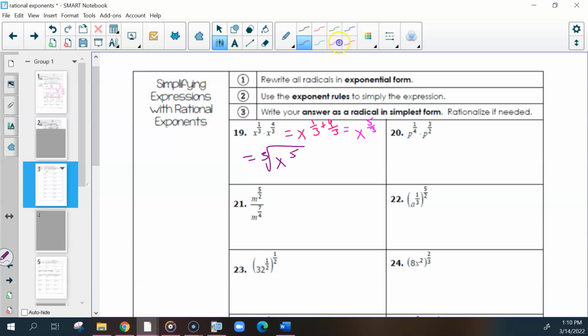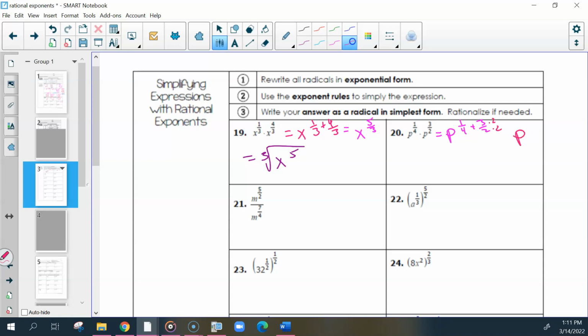Let's do 20. Same thing, we are multiplying like bases, so we are adding the exponents. So we have p to the 1/4 plus 3/2. Now this one is not so nice because we have to change the fractions. Get them to be the same common denominator. We're going to multiply this by 2.